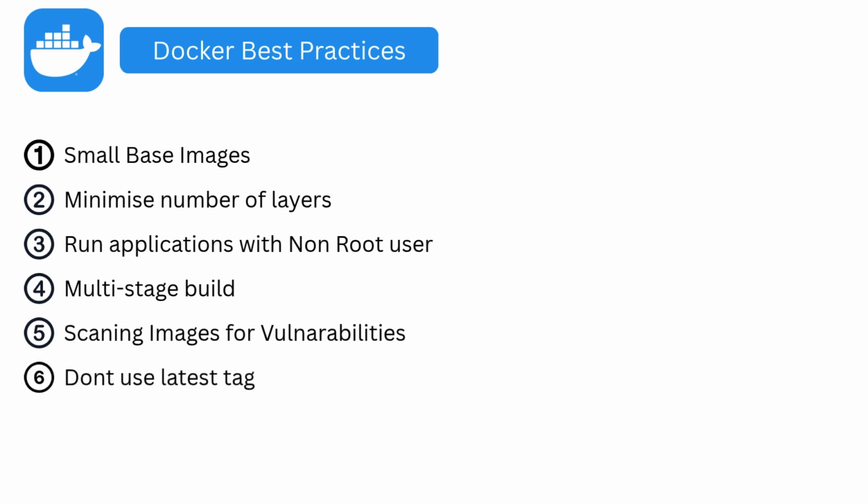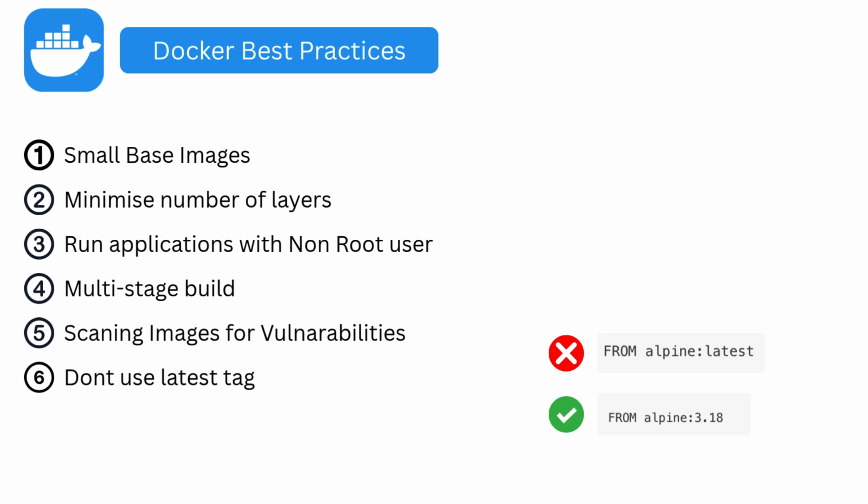Number 6, we should not use latest tag. Instead, we should pinpoint the version. If we pinpoint base image to a specific version, we always get same version when we do Docker build. Instead, if we use latest, what happens? Let's say we built Docker image 2 weeks back using latest base image and we are building it again today.